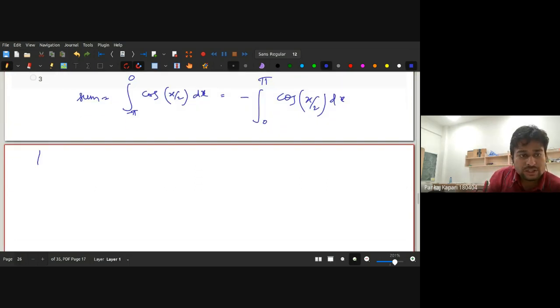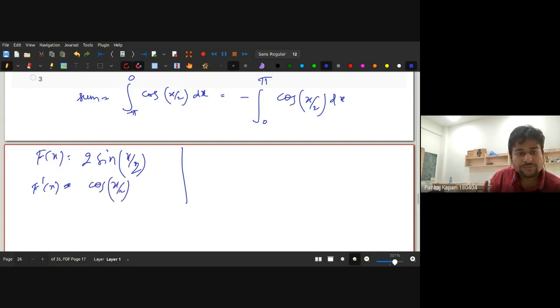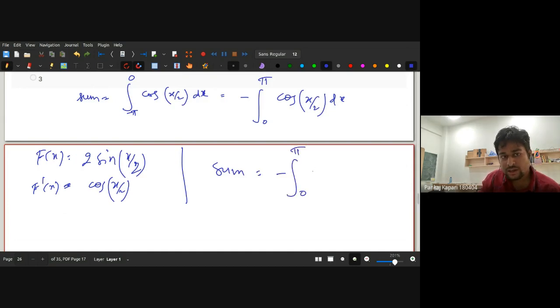Now let me consider this function F of x to be 2 times sine x by 2, right? Because if you differentiate this, then you will have cos of x by 2, and therefore this sum just becomes minus the integral from 0 to pi of the derivative of F dx, right?